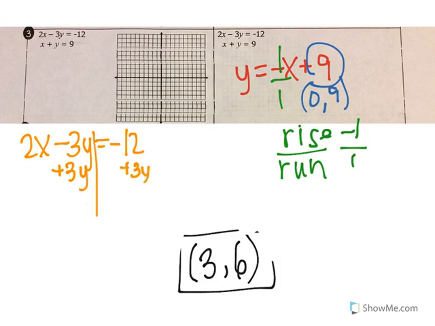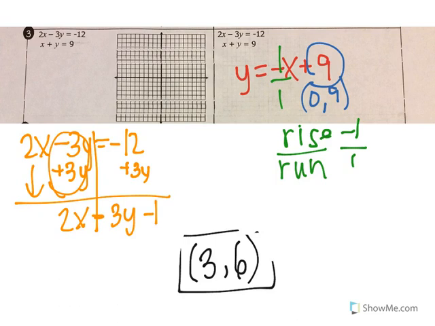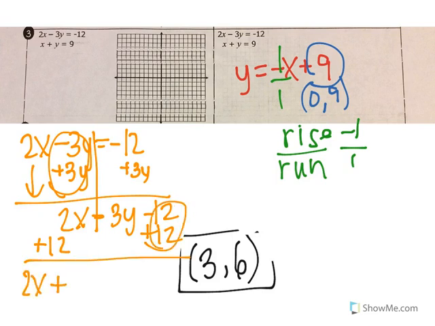If I add 3y to both sides, my x stays positive, my y becomes positive, and I don't have to deal with adding and subtracting a bunch of negative numbers. I end up with all positives, and I didn't have to multiply or divide by a negative 1. So for me, that's a win.